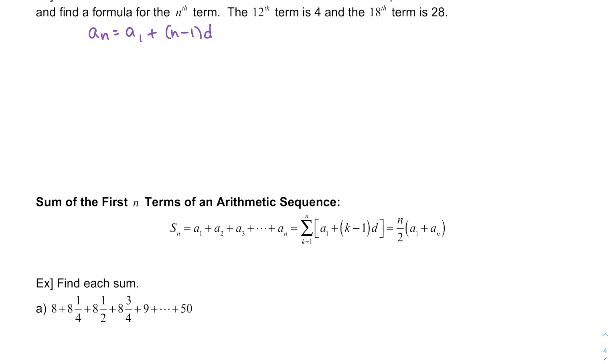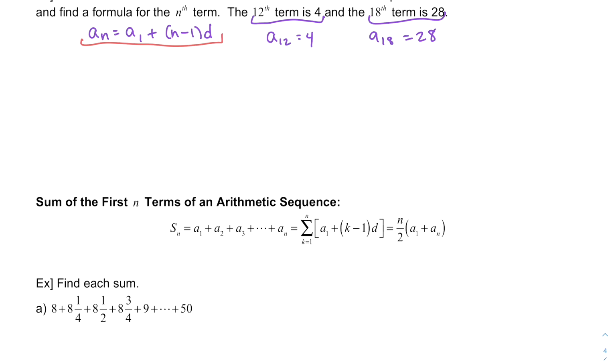So they've given us pretty much 2 terms here. They're saying that a sub 12 is 4 and a sub 18 is 28. So what I can do is plug those into this general form and create a 2 by 2 system of equations, which I need because I am trying to find 2 unknowns.